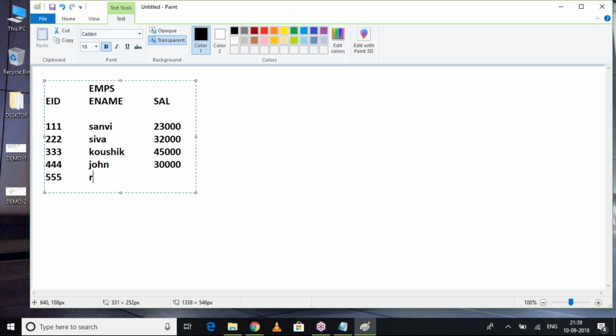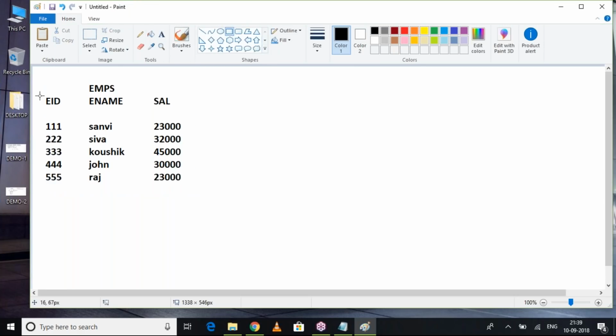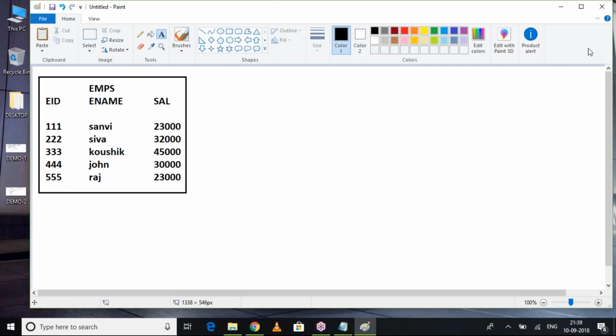And here Ras, his salary is 23,000 again. This is information of employees. Employee data maintained under one table. In any RDBMS, data or information is saved in the form of tables.